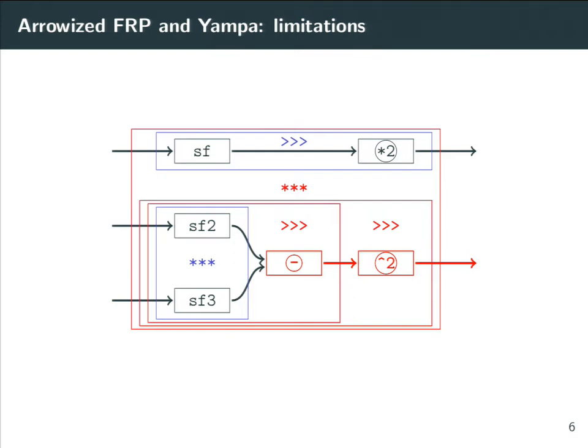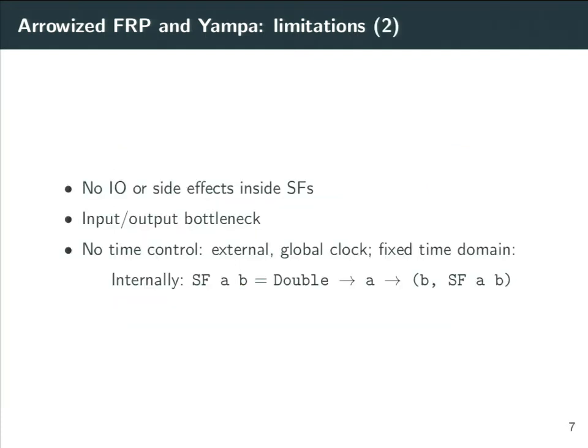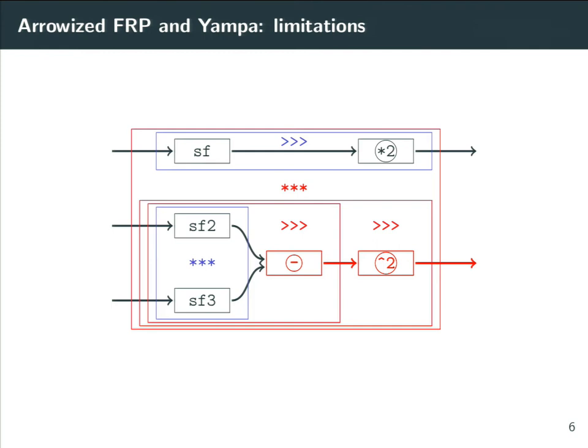Suddenly you have to change the types of your whole program just to debug it. So this is one of the limitations of Yampa. Another limitation is that all of these components tick in synchrony, and you have no control over time. So what we're going to propose is a generalization of Yampa signal functions that deals with these limitations and also allows a bit more control over time and can do things that other reactive frameworks can also do and Yampa cannot do.